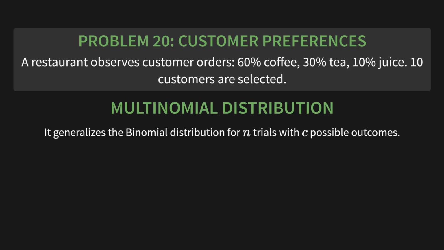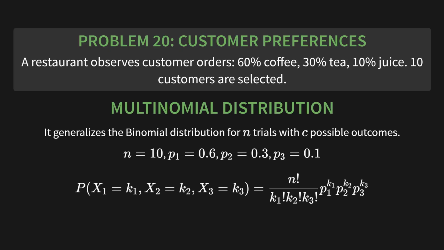In our case, n is 10 customers, and our probabilities are p1 equals 0.6, p2 equals 0.3, and p3 equals 0.1. The formula is a big one. It's n factorial divided by the product of all the k factorials times each probability raised to its corresponding k.